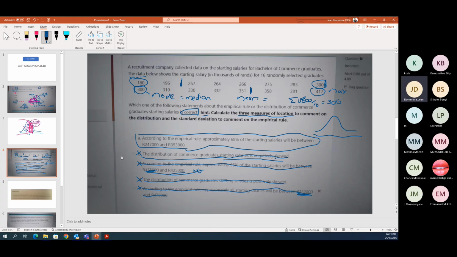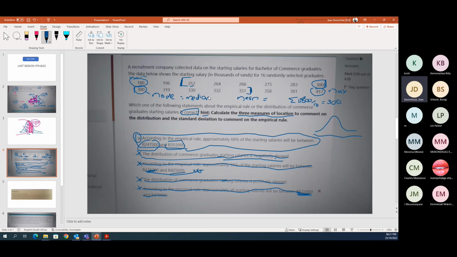And then what I did, just to check if A is correct, is to say, okay, they tell us the data lies between 247 and 353. So it is the data that's bigger than 247 but smaller than 253.